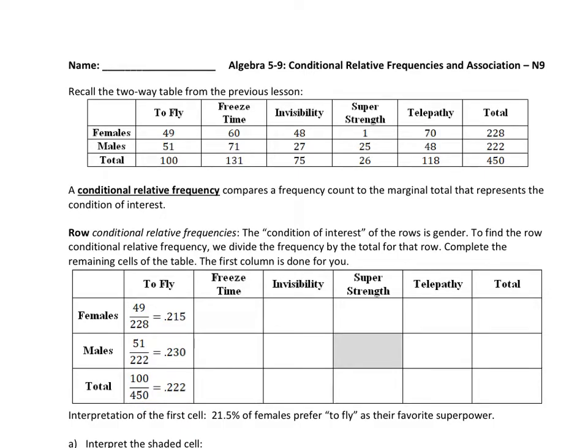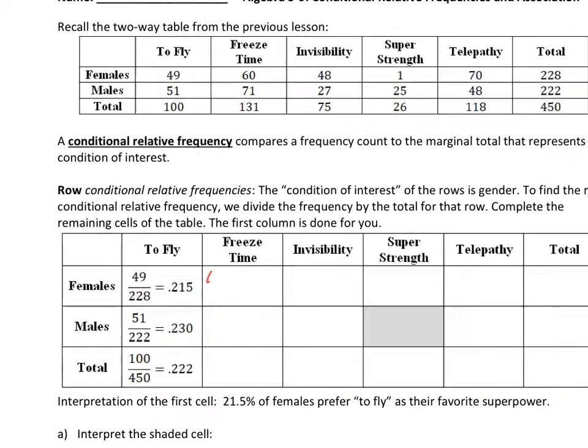All we're doing is taking our totals in the total column on the right-hand side, and taking each of these frequencies in the row and dividing by the total. So let's go ahead and fill this out for the row frequencies here. For freeze time, we have 60 females who wish they could freeze.